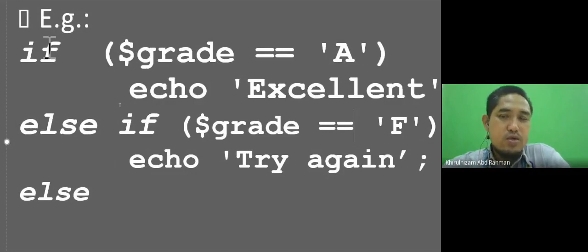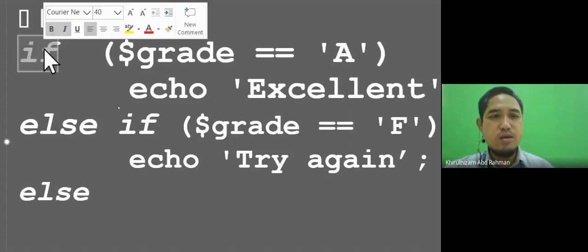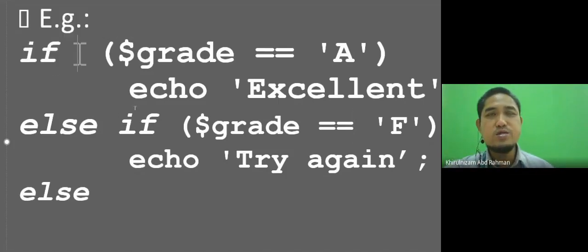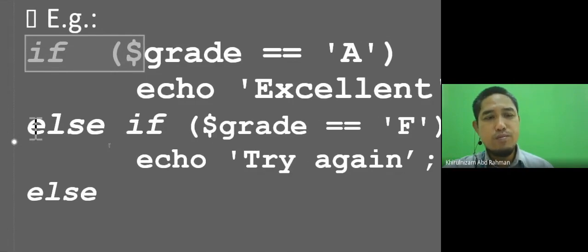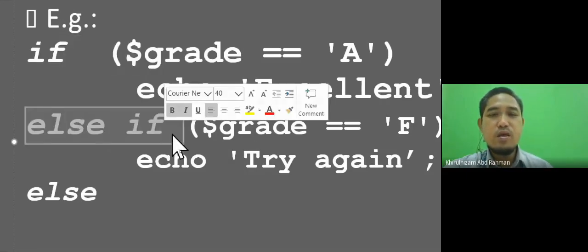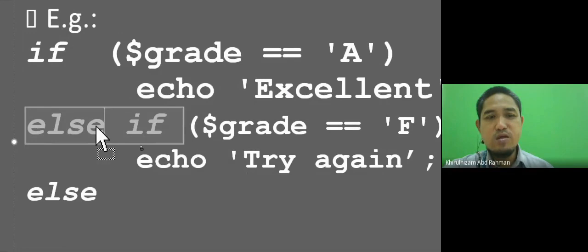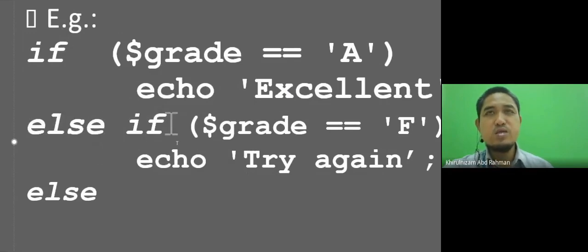In whatever programming language, such as Java, you have this if statement. If you have one conditional statement, then you just simply use if. But if there's a tendency to have another condition, then you need to use else if. For instance, when you come to a junction, you see the traffic light.